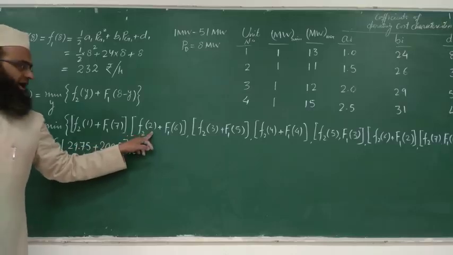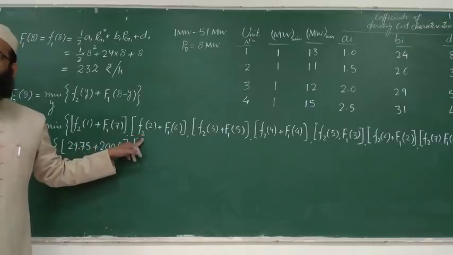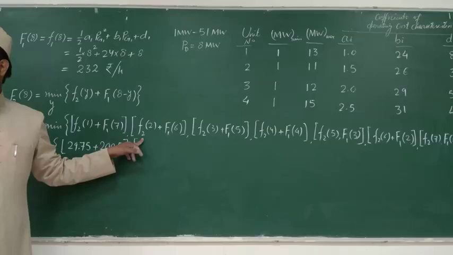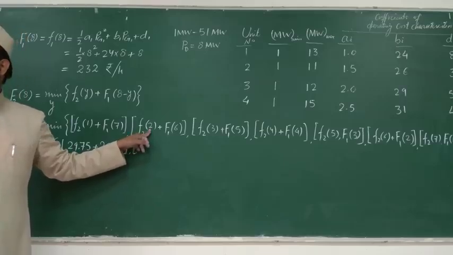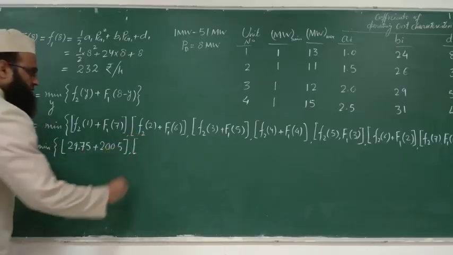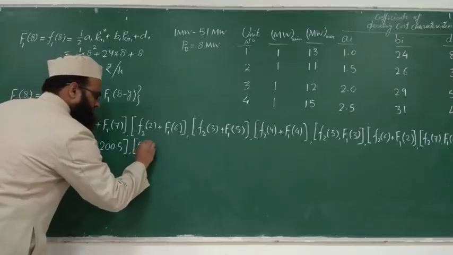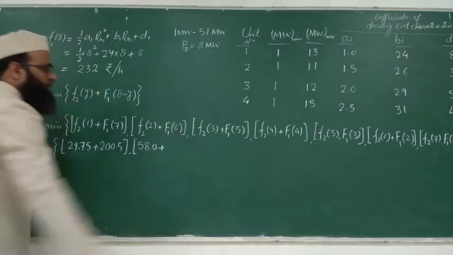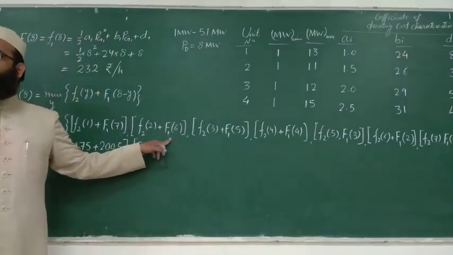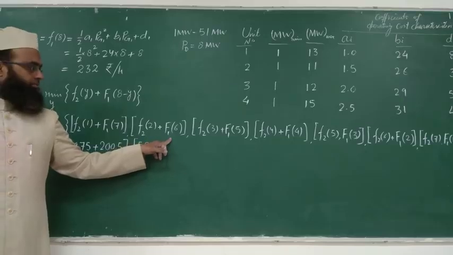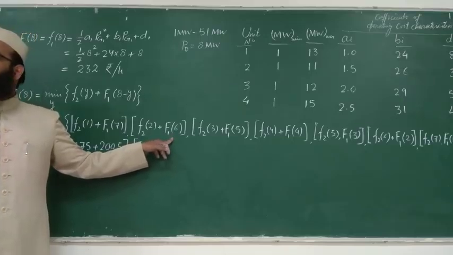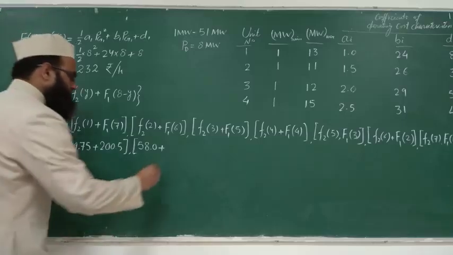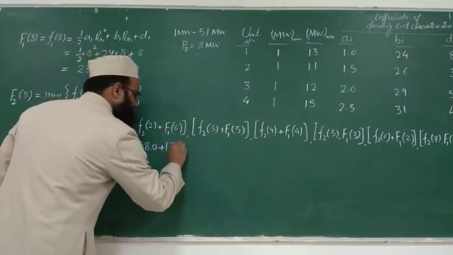F22, generating 2 megawatt from second unit. We have the cost characteristic, so evaluate corresponding to this loading. 58.0. Okay, fine. Plus, what is F16? 170.0.